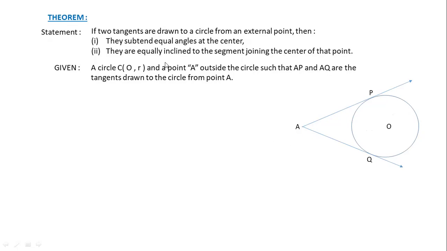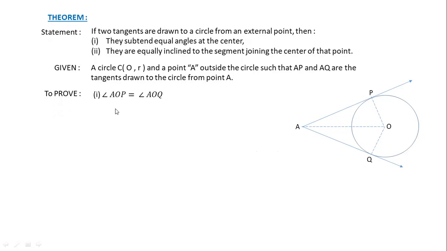Now, to prove this theorem, we need to do a little bit of construction. So let us join OA, then join OP, then join OQ. Okay, so that is the construction. So what do you have to prove here?